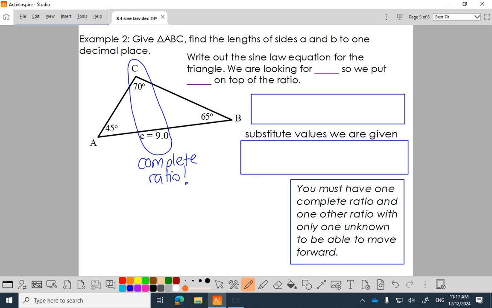If you labeled side A in the wrong spot and side B in the wrong spot, then you would lose marks. Would you lose all the marks? No, but you would lose some of them. So A is 45. Side A, does it go here or here? Right side. So what do you mean by complete ratios? We have an angle and a side.